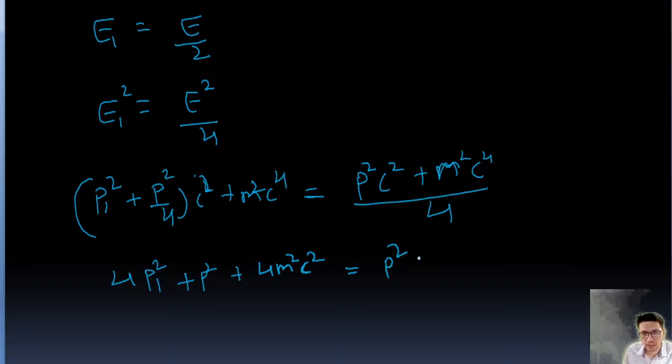So P square plus m square C to the power 4, this is capital M, right? P square will get cancelled.